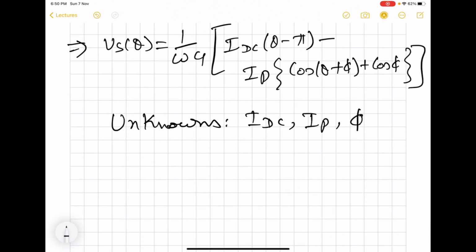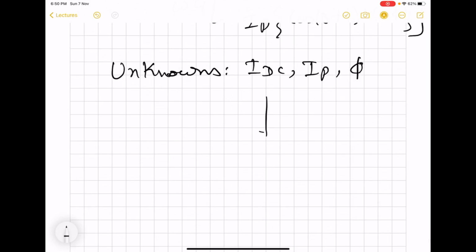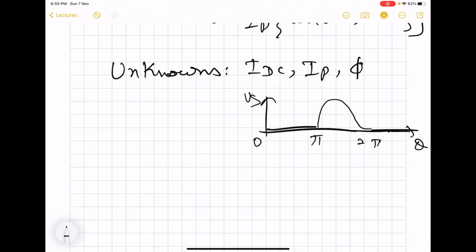But before we try to find this out, we would like to return to the assumption that the loaded Q should be large, so that sinusoidal current flows through the load network. So we have seen that this Vs is going to be of this form. This is a periodic waveform, 0 for one half and non-zero for the other half.